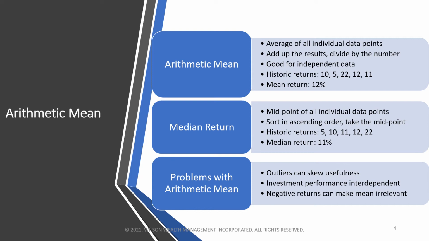Suddenly our mean return becomes 51.6%. So we have 10, 5, 220, 12, 11. And that turns our average into 51.6%. Doesn't really jive with the other 4 years.